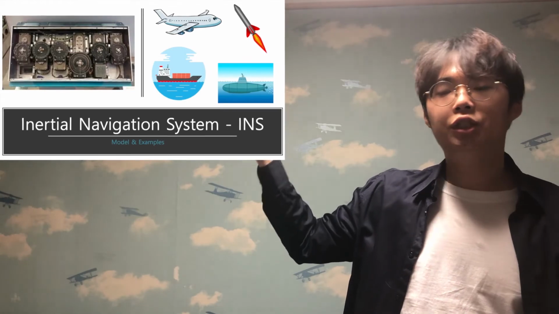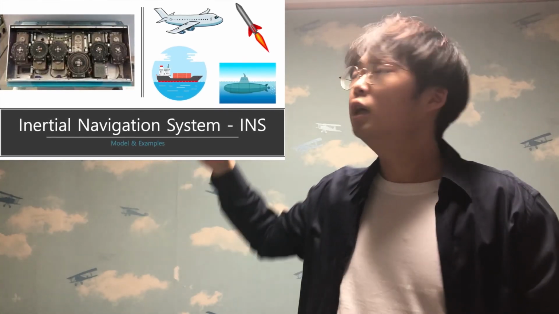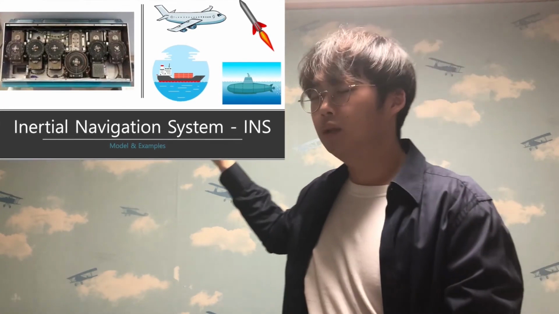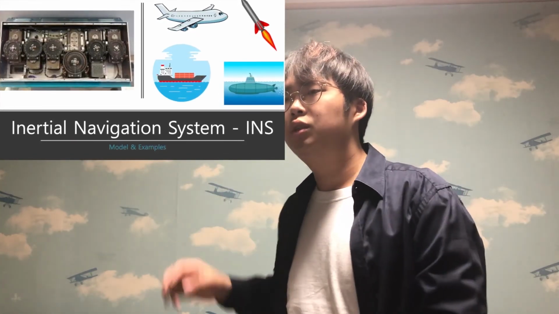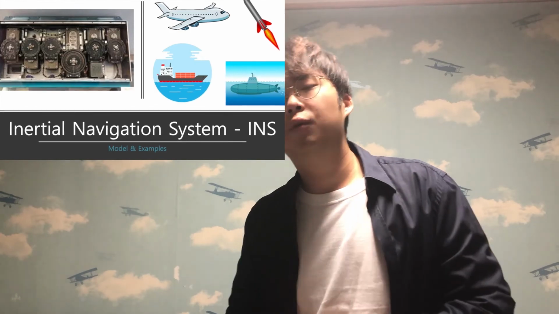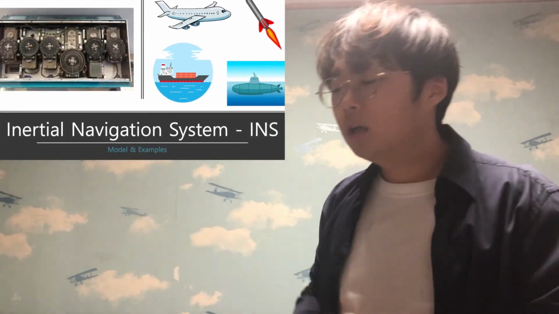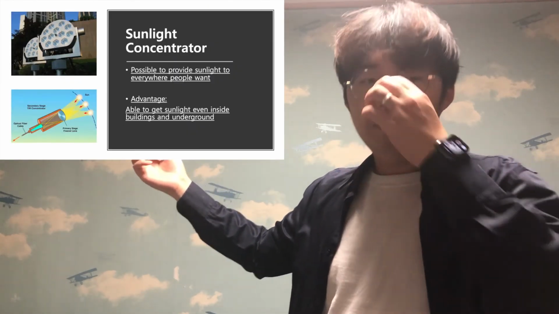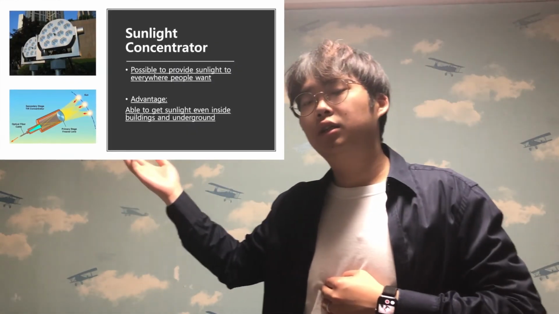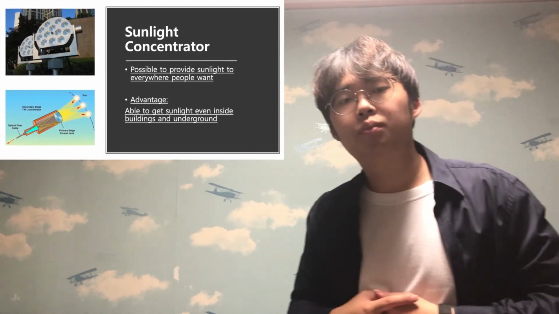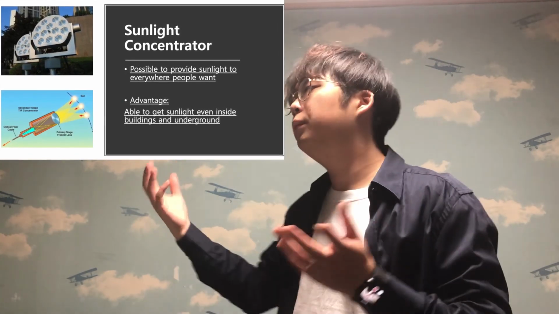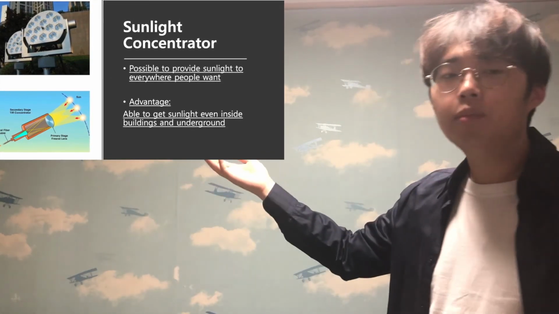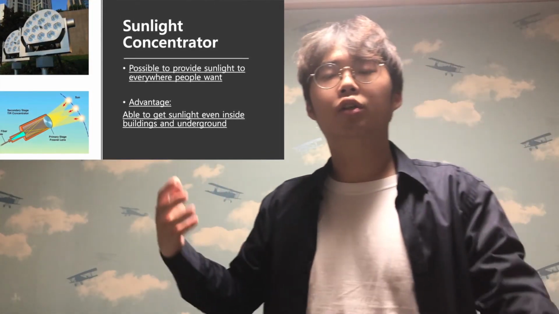This inertial navigation system is very important for airplanes, missiles, ships and submarines. These allow you to check where you are, where you need to go, and how far is left for arriving. This is also used for sunlight concentrators, so it's possible to provide sunlight everywhere people want. This advantage makes it possible to get sunlight even inside buildings and underground.